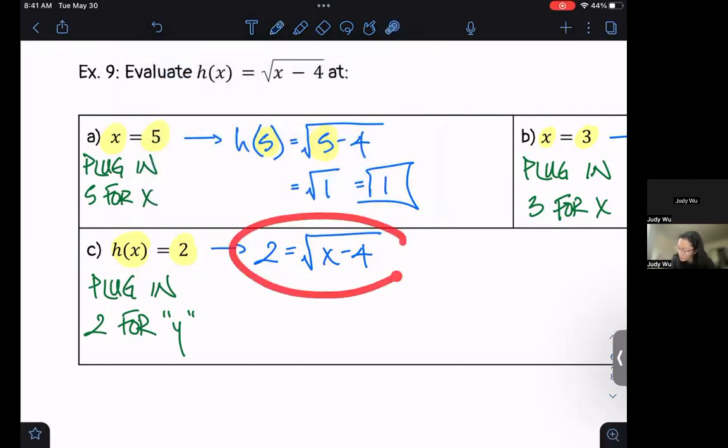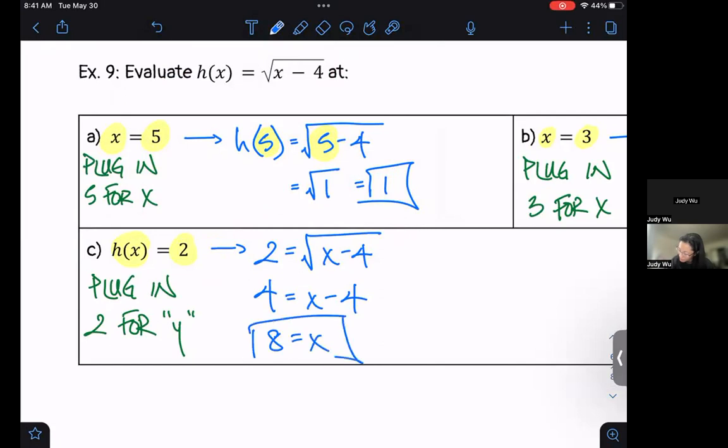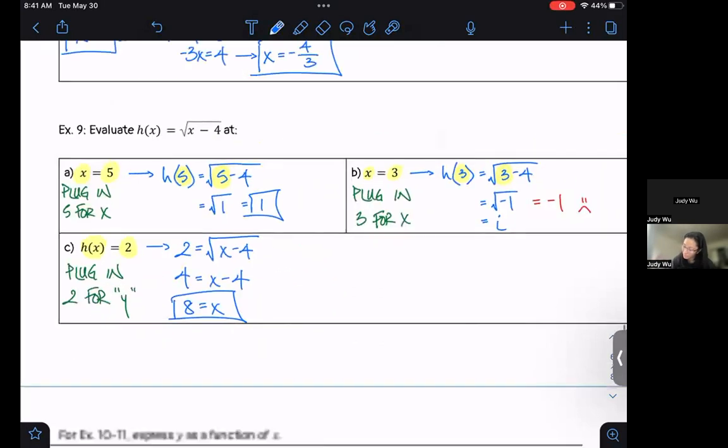How do we solve these kinds of equations? Well, I've got the square root all by itself, so I'm going to go ahead and square both sides. So I'm going to get 4 equals x minus 4. I'm going to add 4 to both sides, and I get 8 equals x.